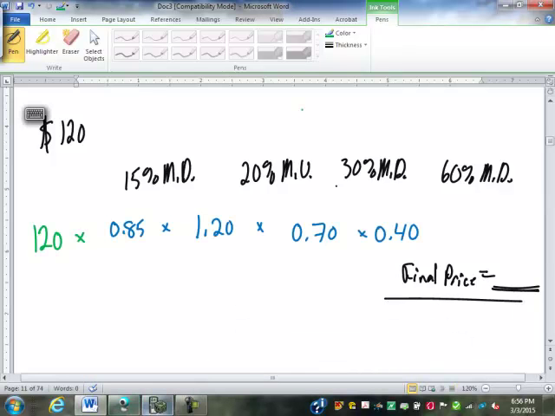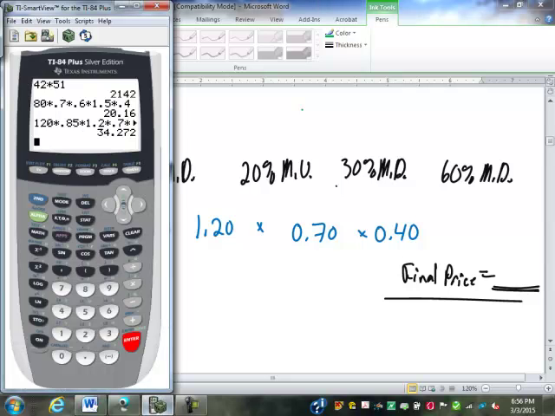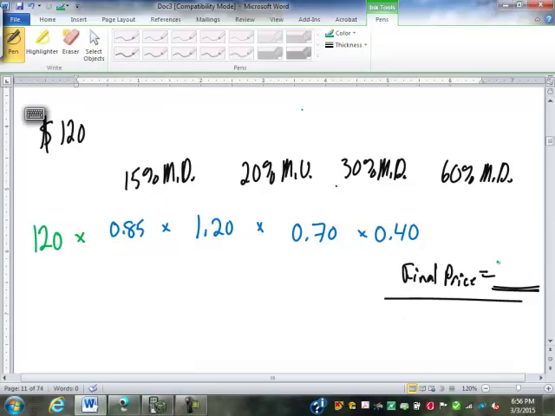What did we come up with? There you go. 34.272, which will round to $34.27. Very good. May or may not make a profit. At that point, a lot of times they're just minimizing losses.